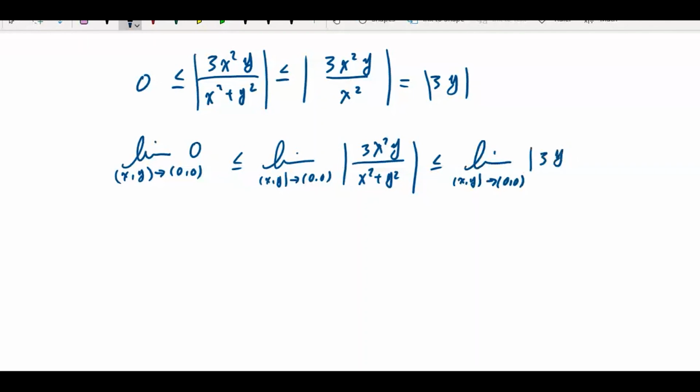Oops. You know what I'm saying? Now this thing becomes 0, and this thing becomes 0, doesn't it? And the middle, I'm going to do copy and paste.